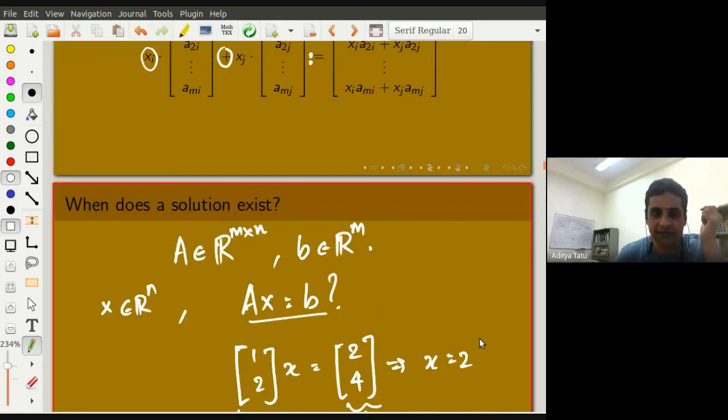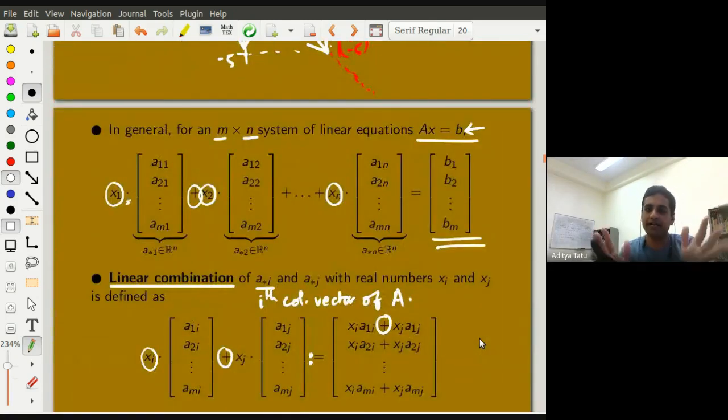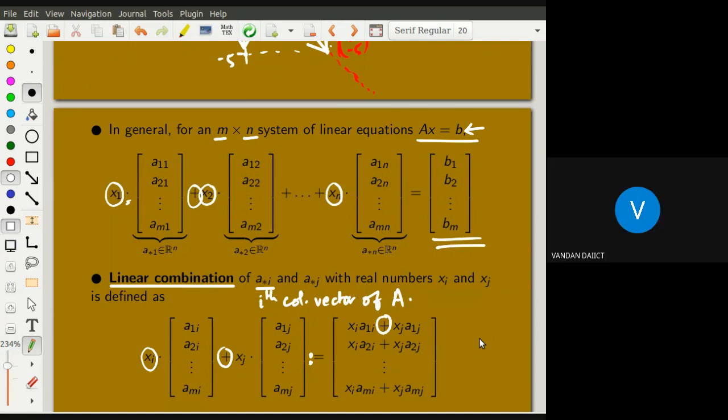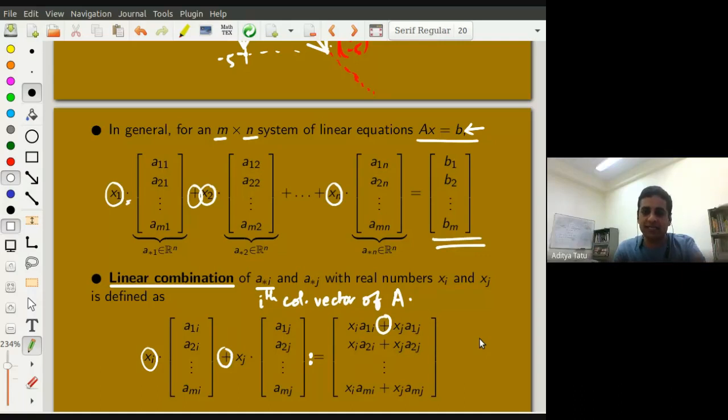See, what is the left hand side? The matrix A is given, the right hand side vector B is given. So if the matrix A is given, I have all its n column vectors given to me. Then x1, x2 to xn is what I am trying to find, right?